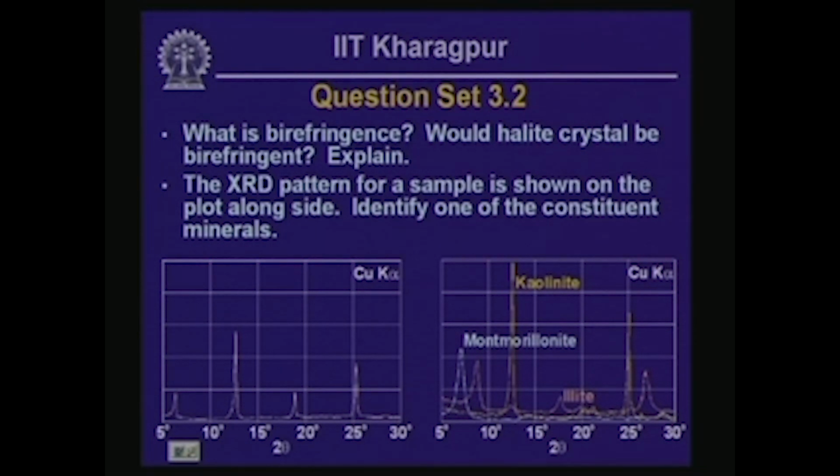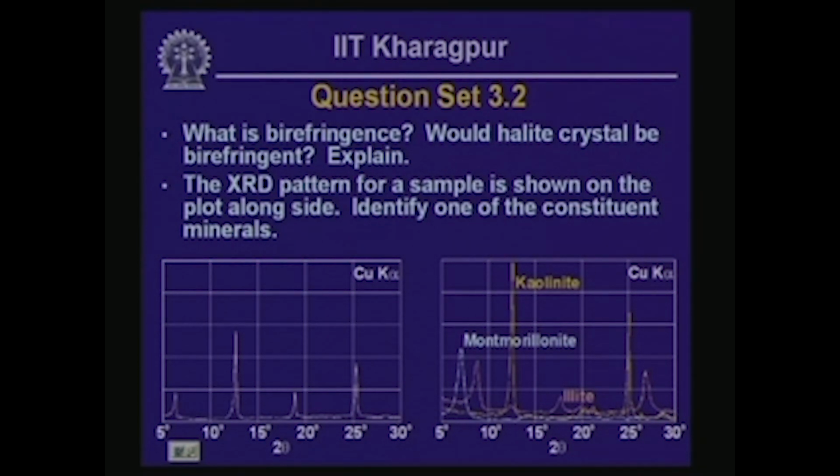Now, the second question that was asked was you were given an XRD pattern for a sample and you were asked to identify one of the constituent minerals of the sample for which the XRD pattern was provided. What I have done, I have put the XRD pattern that was given to you in the last question set on the left here.